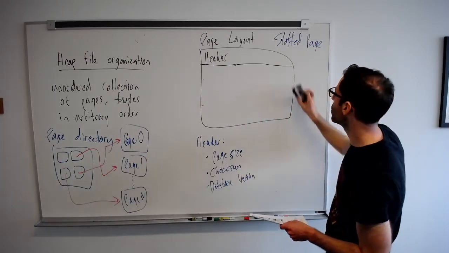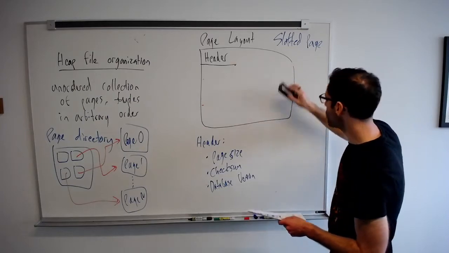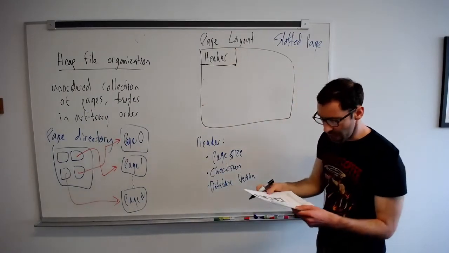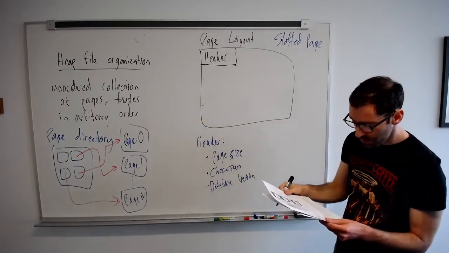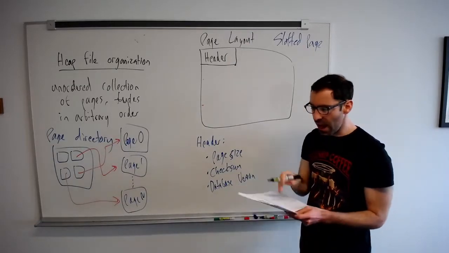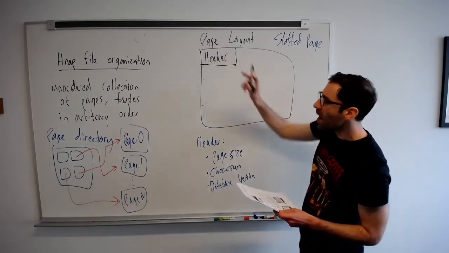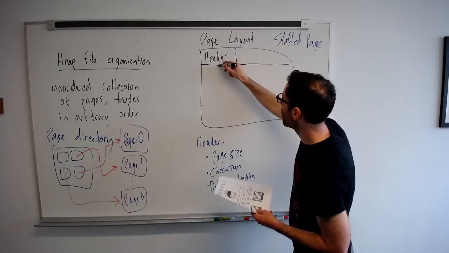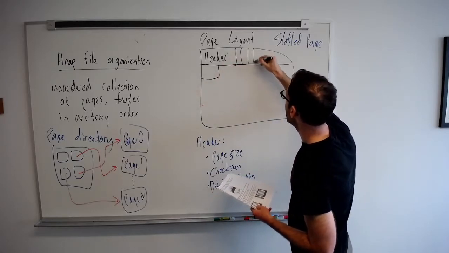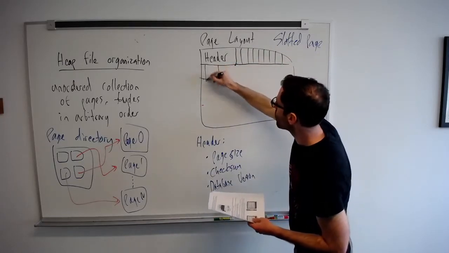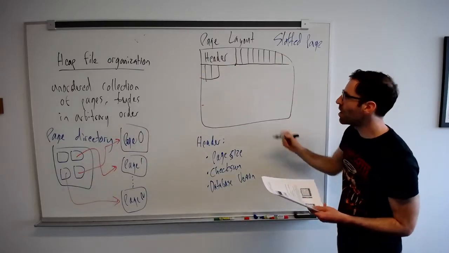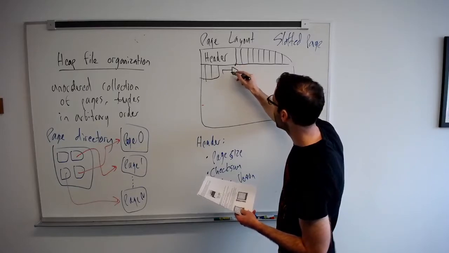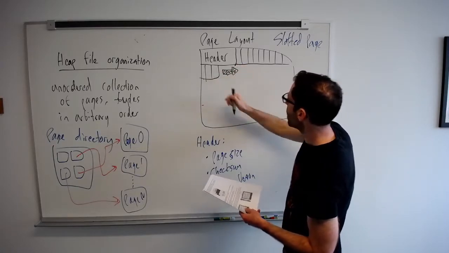The individual tuples are the main objective, and after our header, we're going to have what's called a slot array. It looks something like this, and this slot array will get bigger.